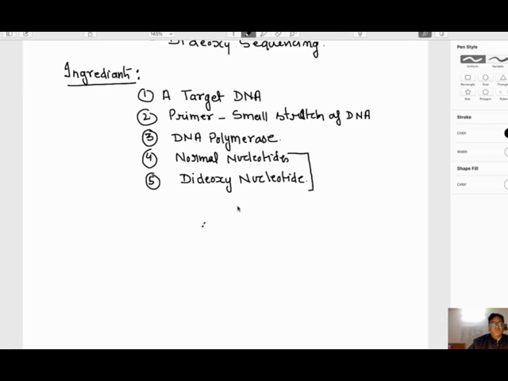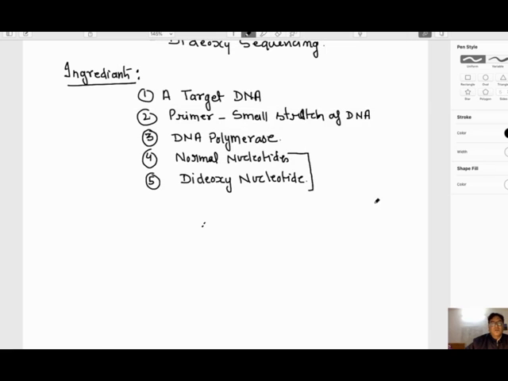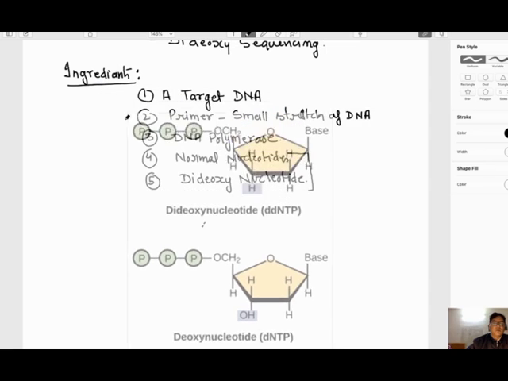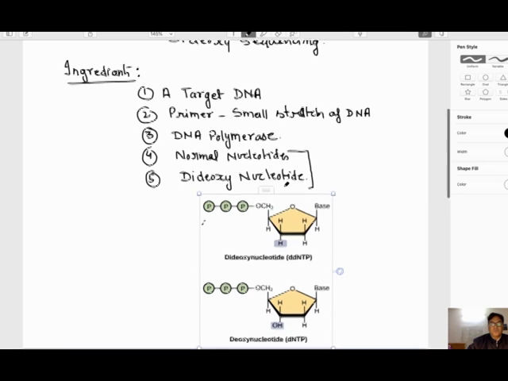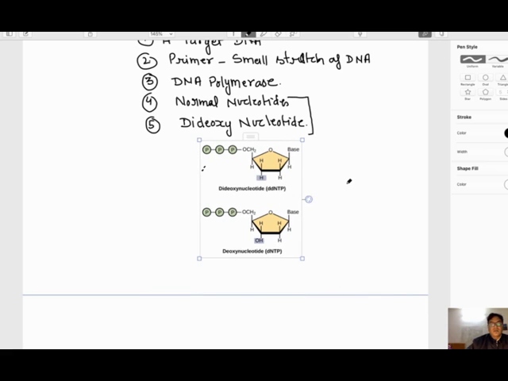All right, let me insert a photo here. So if we study this diagram, this is a normal nucleotide below, and this one is the dideoxynucleotide.